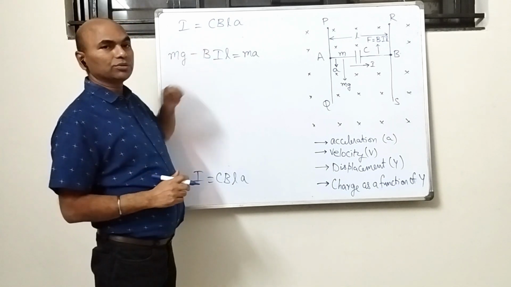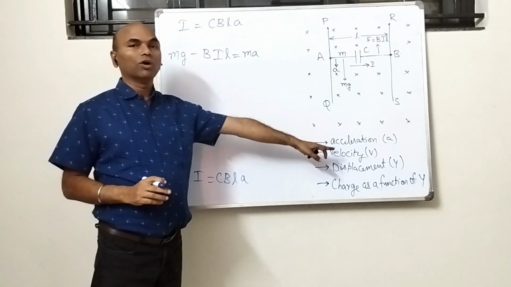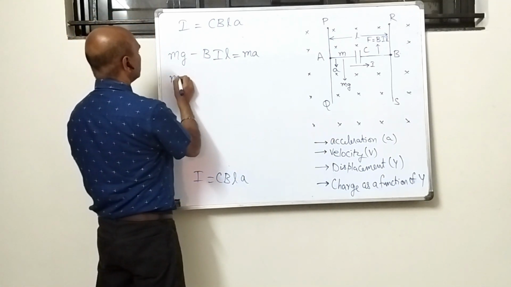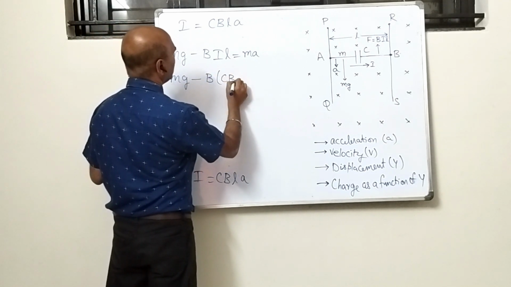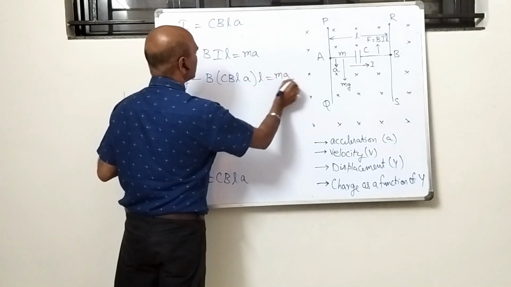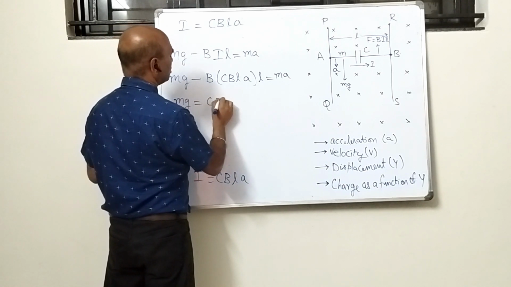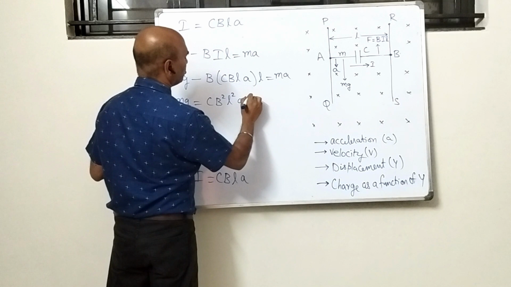So let us substitute and we can get an expression for the acceleration, which was one of the points to be answered. So mg minus B into CBLa into L is equal to ma. So mg is equal to CB square L square a plus ma.